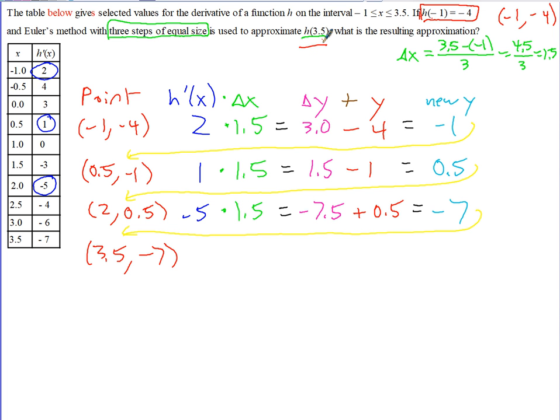That's one way you can tell. And another way you can tell is that it says 3 steps. We've gone through the process 1, 2, 3 times. Each one of these horizontal procedures here represents 1 step. So that's another way you can tell. Both of those should correspond. So we can say our final answer here, h of 3.5 is approximately negative 7.